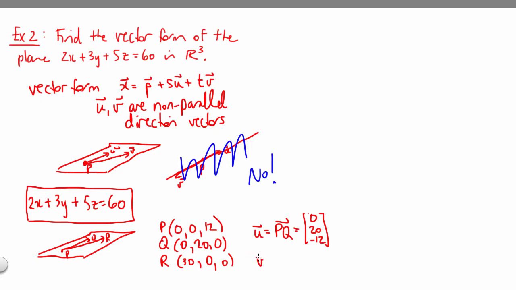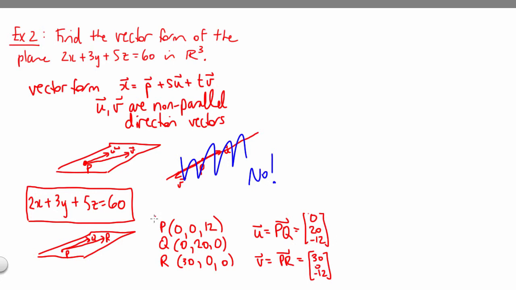And we can let v be the vector PR, so algebraically we're going R minus P to get (30, 0, -12). We can do a quick check here that u and v are not parallel. We know that they're not parallel because these two vectors are not multiples of one another.